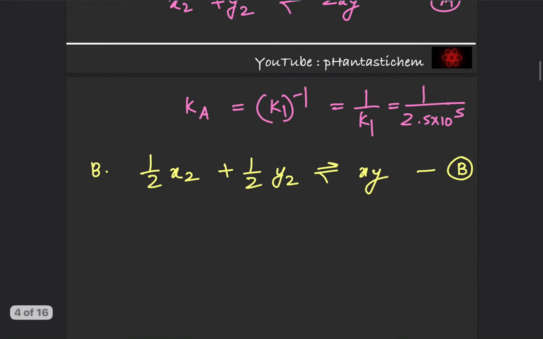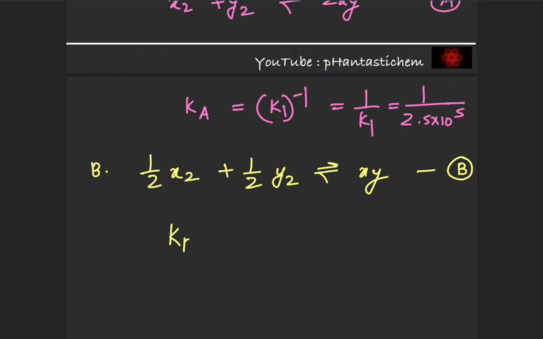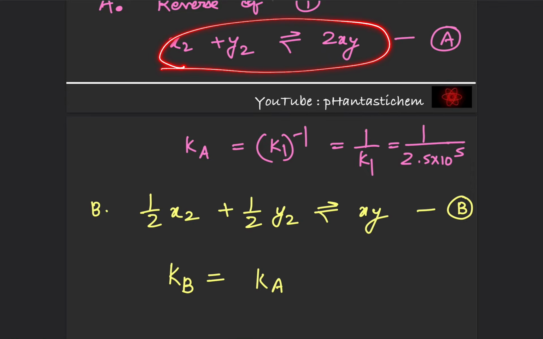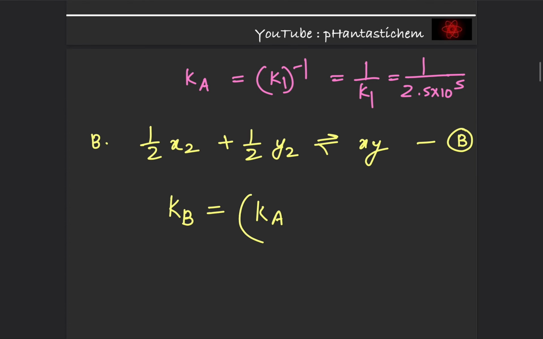So Kb, the equilibrium constant of this reaction, will be equal to the equilibrium constant of the old reaction, that is Ka, and we have multiplied equation A by 1 by 2. Therefore Kb will be equal to Ka to the power 1 by 2, or root of Ka.